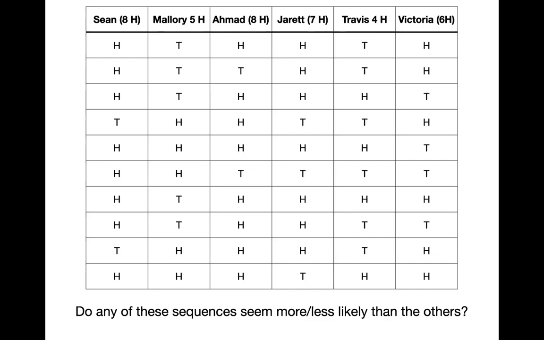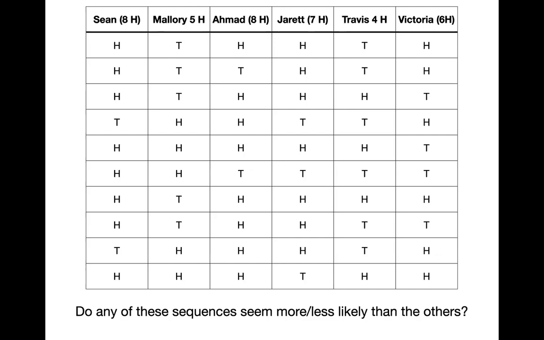If I flip a coin 10 times, how many heads would you expect? 5, right? So you might be tempted to say that Mallory's here is a more likely result, or it doesn't seem that weird. Mallory's is also kind of weird because you got 3 tails, 3 heads, 2 tails, 2 heads.